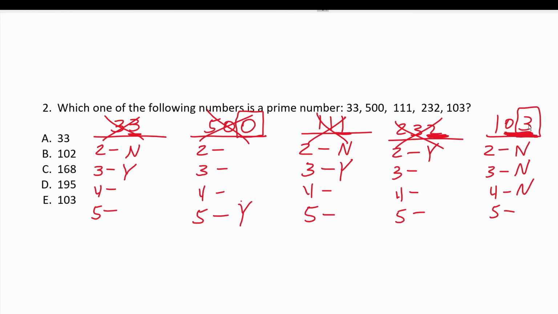And if that last digit is a 0 or a 5, then we know it's divisible by 5. In this case, it is a 3, which is neither 0 nor 5. So we know it's not divisible by 5. Therefore, I'm going to say 103 is the prime number here. Okay, so that's that one.